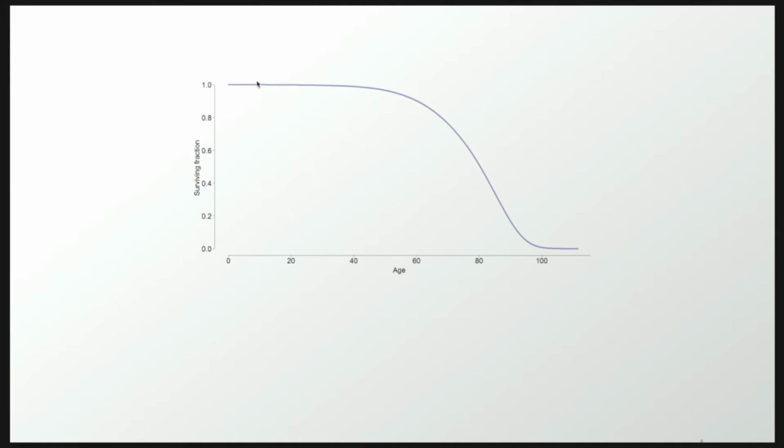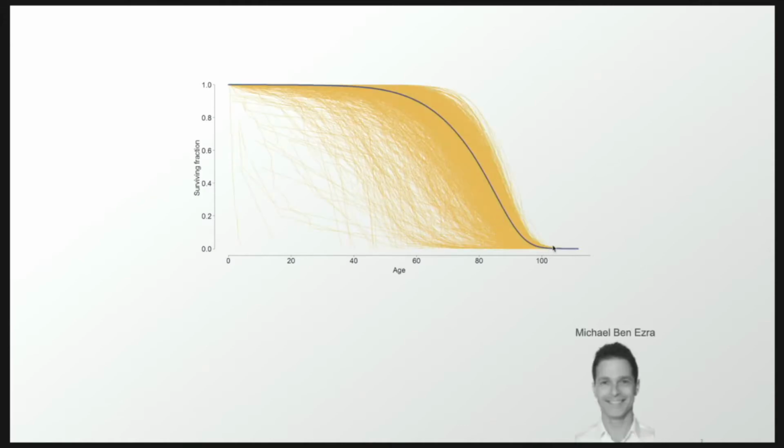If you look at this as a survival curve, this is the surviving fraction of a population as a function of age, actually the Danish population. You can see there will be a mean age, of course, around 80. But this data is more interesting because we can combine survival data with, for example, pharmacy data.